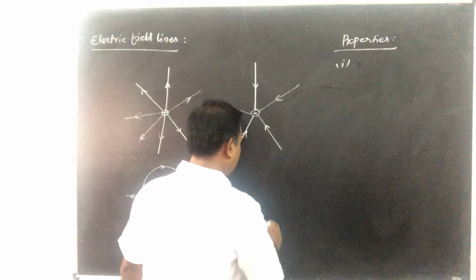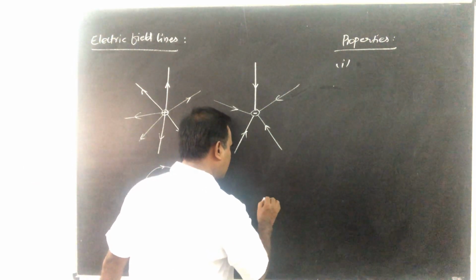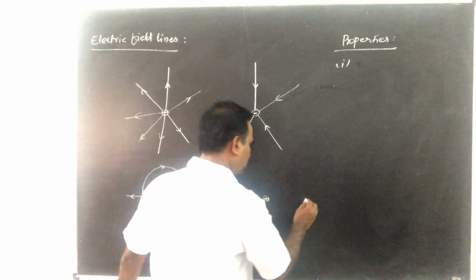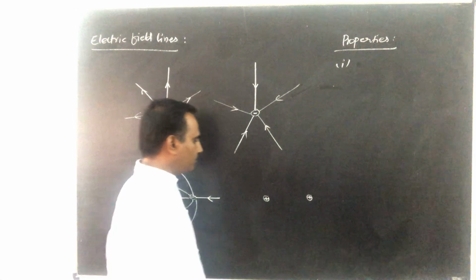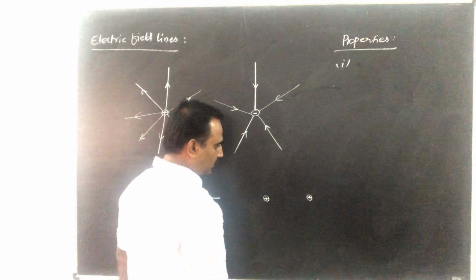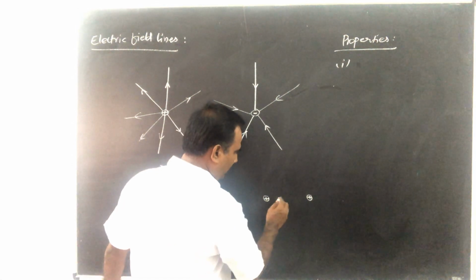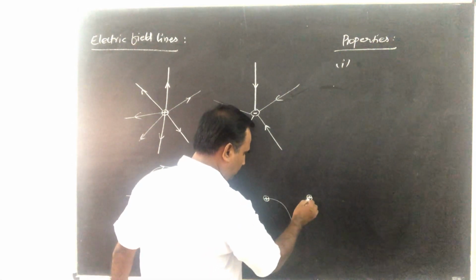Similarly, if I consider a system of like charges, so this is a positive charge, this is another positive charge, so there is a combined electric field due to both charges. So if I keep a unit positive charge in this combined electric field, it tends to move like this.